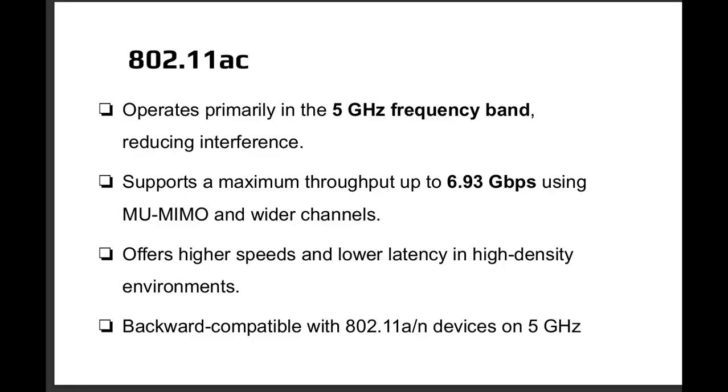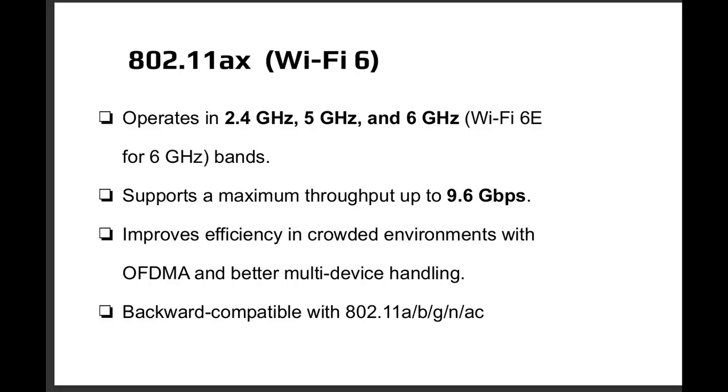The most recent 802.11 standard is AX, also defined as Wi-Fi 6. The Wi-Fi 6 refers to the newest frequency band that we use, the 6 gigahertz band. 802.11ax is the first tri-band or triple band standard.